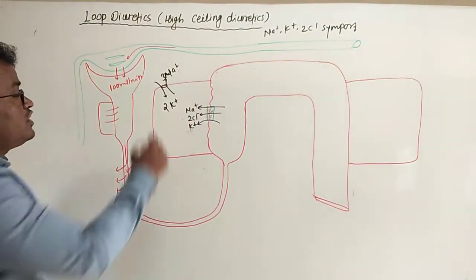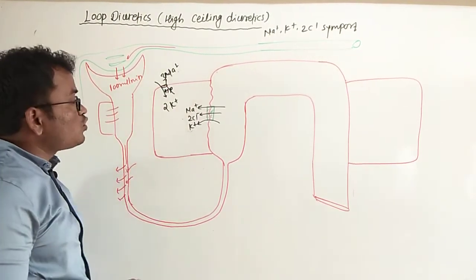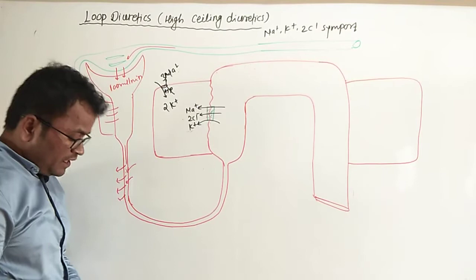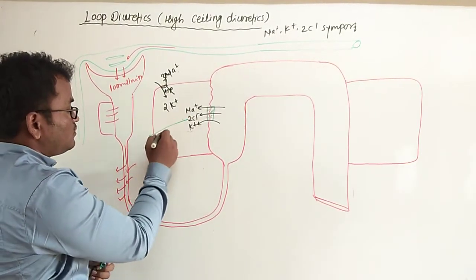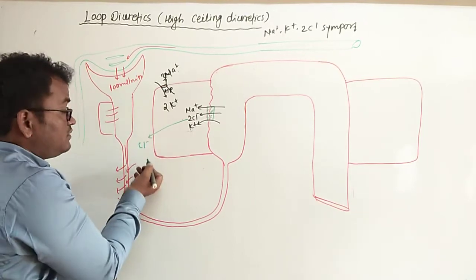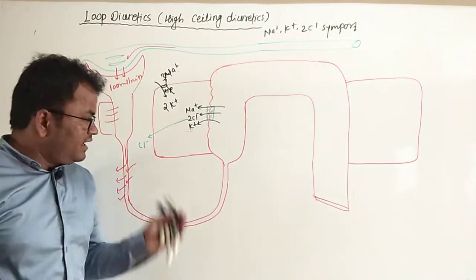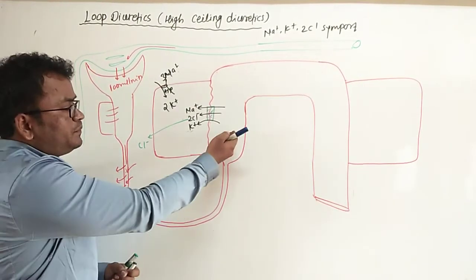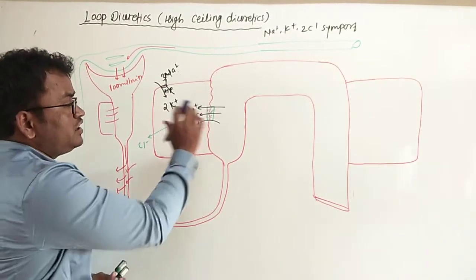Here energy is used in the form of ATP, sodium potassium ATPase. Okay. And chloride is also transported directly into the interstitium, the peritubular capillary network or medullary interstitium. Got it? This is freely permeable. So this is the transport.